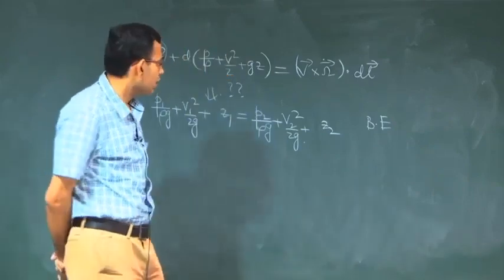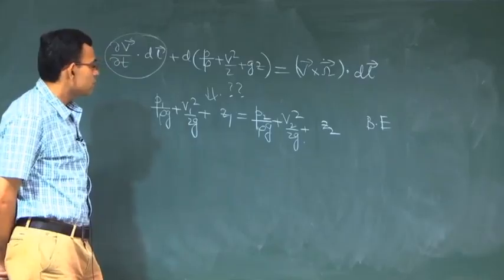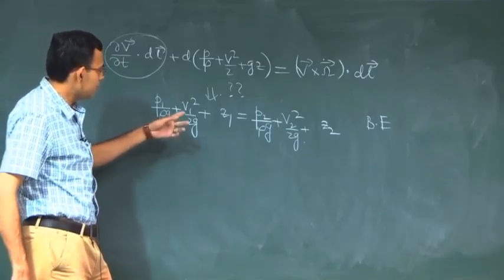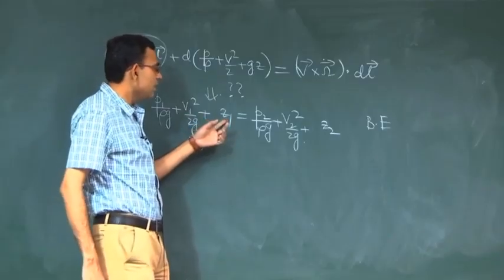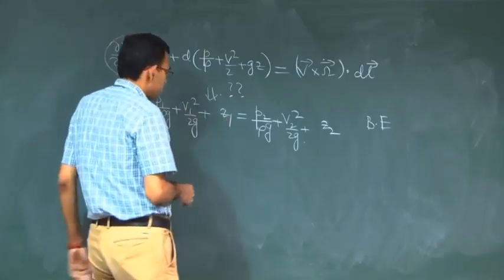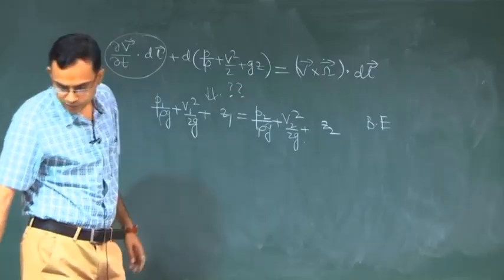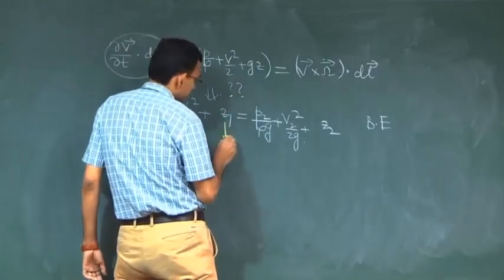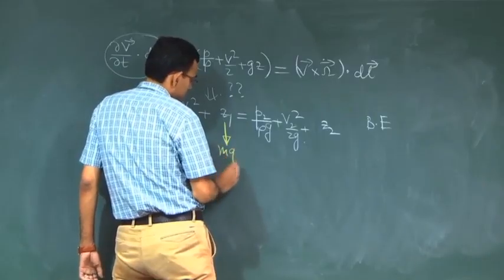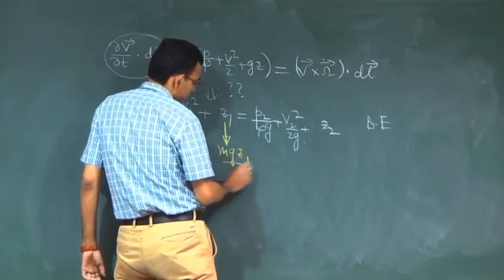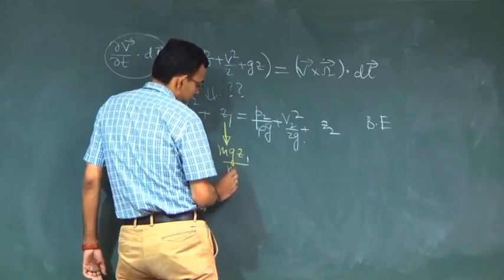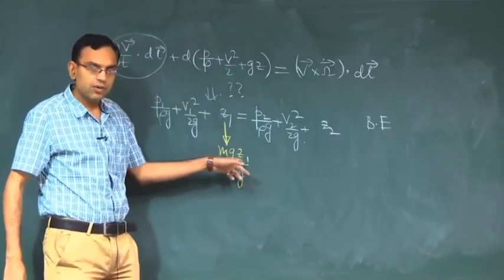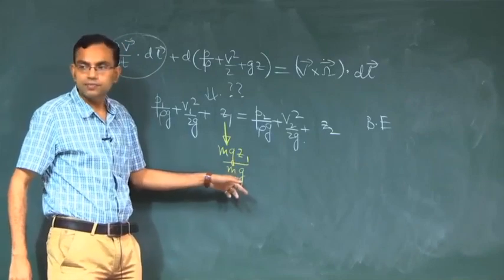Okay. So this length unit is essentially what does it represent? So let us write one after the other. So this is mgz1 divided by mg.